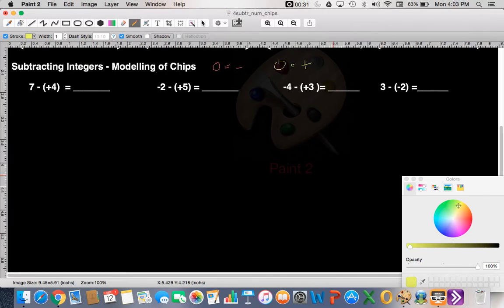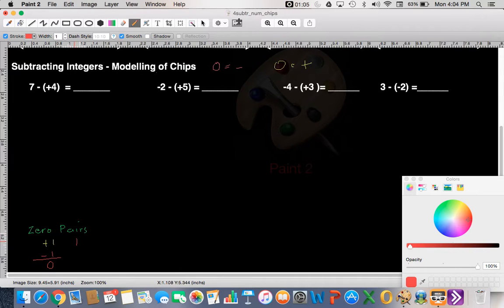But before we do that, let us talk about a very important concept, the concept of zero pairs, which we will be using a lot in this segment on subtraction of integers. A zero pair, as I mentioned in our last session, is if you have positive 1 and negative 1, when you add them, you end up with 0. Any opposite numbers added will be 0.